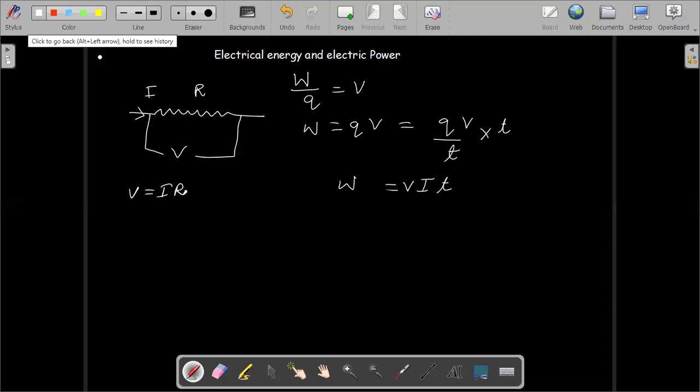for the heat energy that will be developed. Since the amount of work done is the same as the energy, I can write that the amount of heat energy will be equal to VIT. I can also write the amount of heat energy is I squared RT.